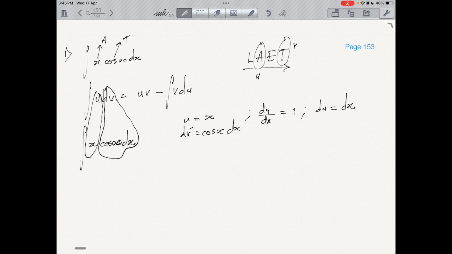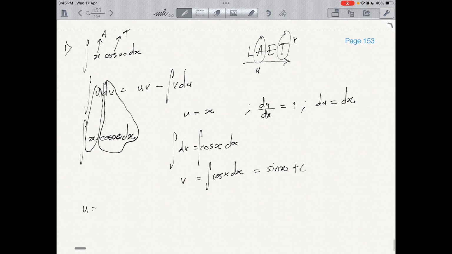Now to evaluate our v, we will integrate both sides, and this will be v equals the integral of cos x dx. And integrating cos x, we will have sine x plus c.